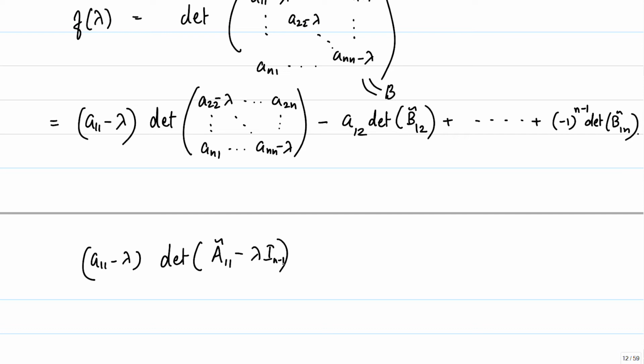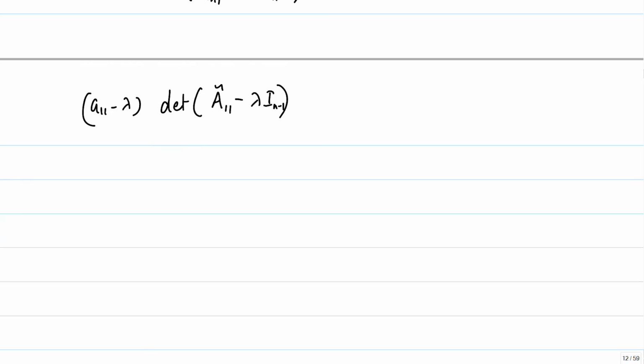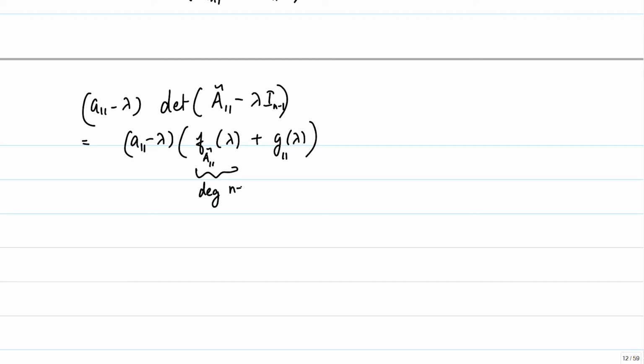So now this is just the characteristic polynomial of the matrix A11 tilde, and the induction hypothesis kicks in. We will be able to conclude that this is equal to A11 minus lambda into, let's call it f A11 tilde of lambda plus G11 of lambda by the induction hypothesis, where this is of degree n minus 1.